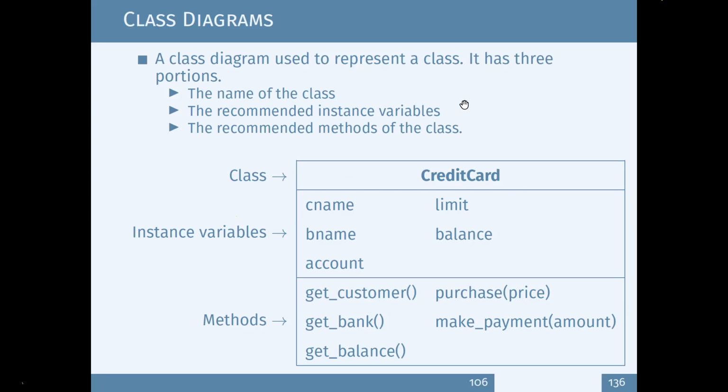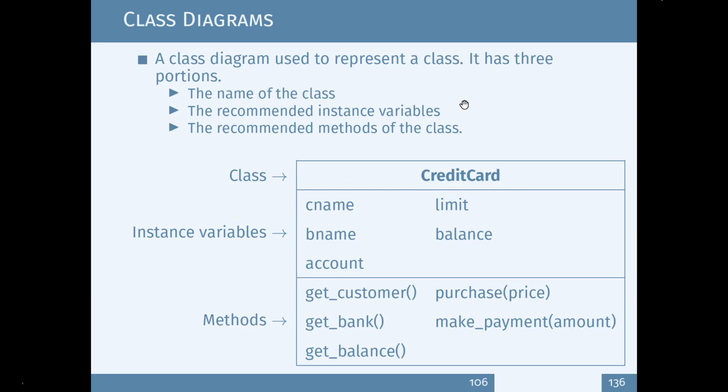When we say a class, you can see a couple of things. You can find the name of the class. For example, in this slide, you will see there's a credit card class. So in the first row, you can see the name of the class, which is credit card.